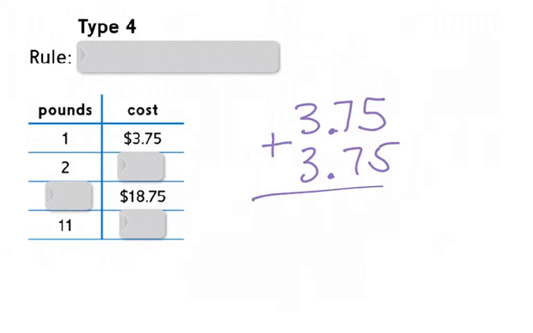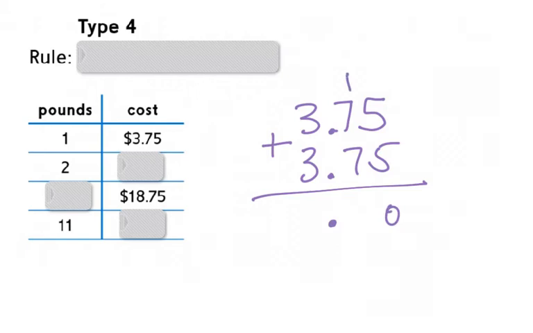So in this one, a pound of something costs $3.75. So I know that if I'm doing 2 pounds, I must have to add that twice. So if 1 pound is $3.75, what would 2 pounds be? Well, I bring my decimal point straight down.